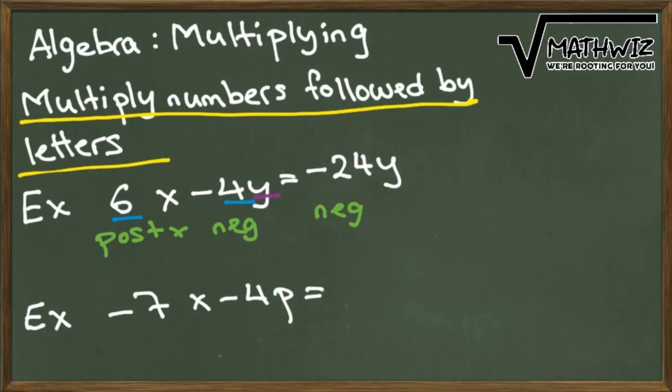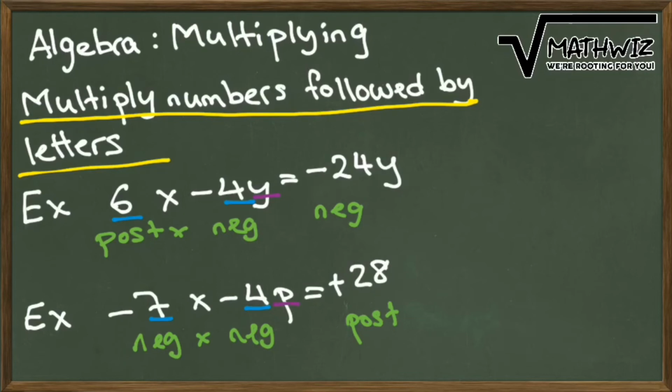Okay, and for the final example for this video, before you get to try on your own, we have a negative multiplied by a negative, so we know we should get a positive. We then have 7 multiplied by 4, which is 28.